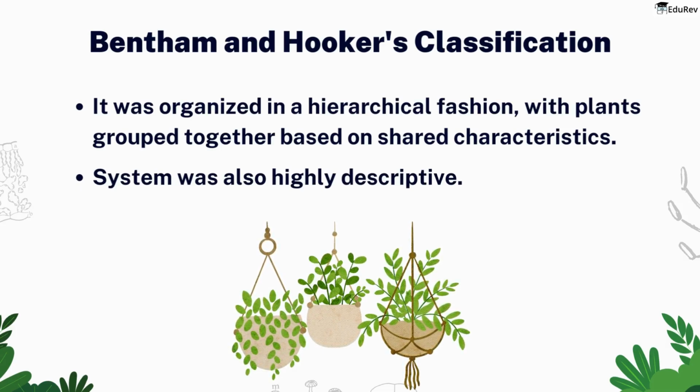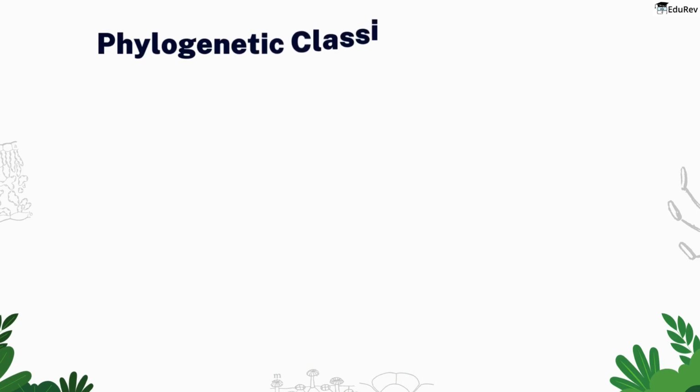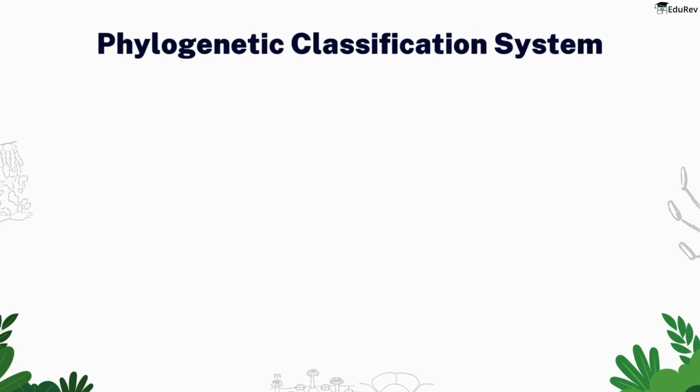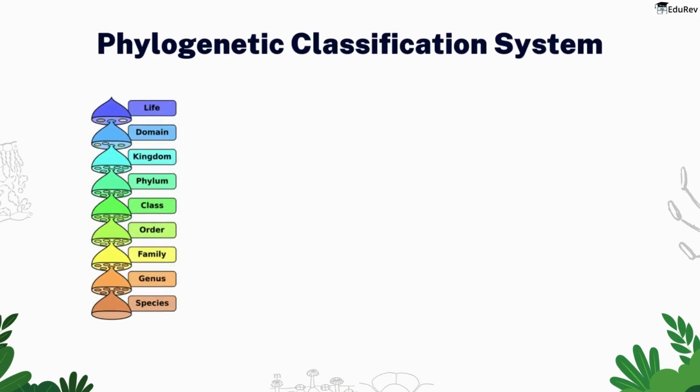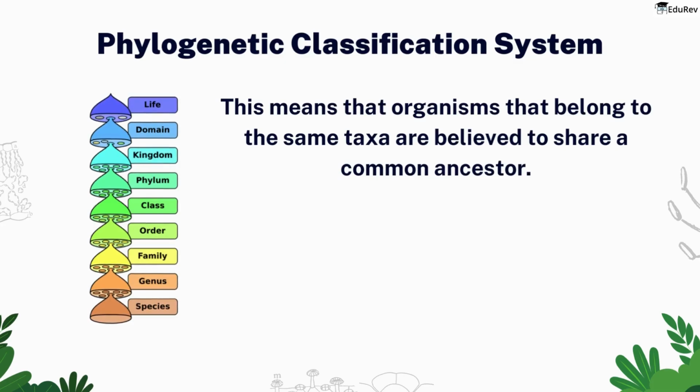Now, let's see which classification systems we use nowadays. So, currently, scientists use phylogenetic classification systems to group organisms based on their evolutionary relationships. This means that organisms that belong to the same taxa are believed to share a common ancestor.